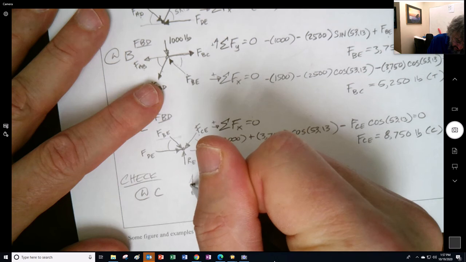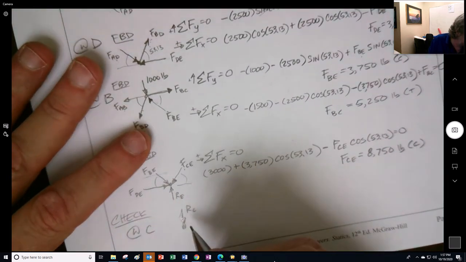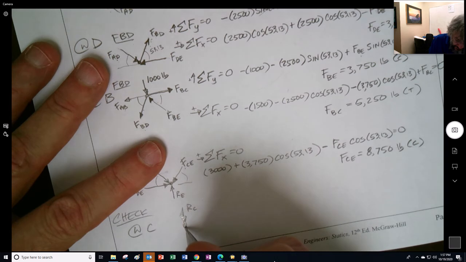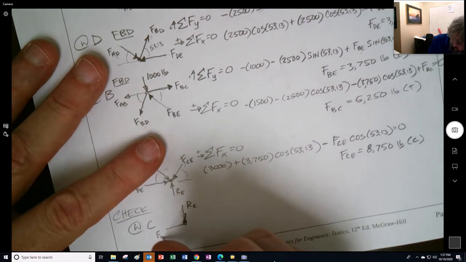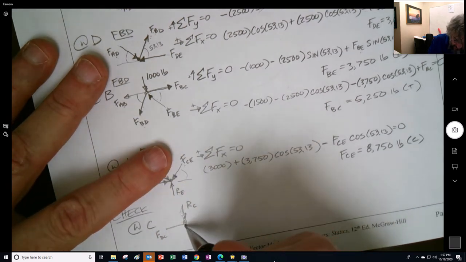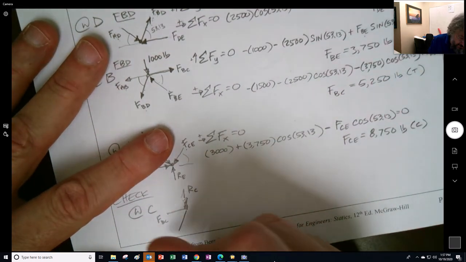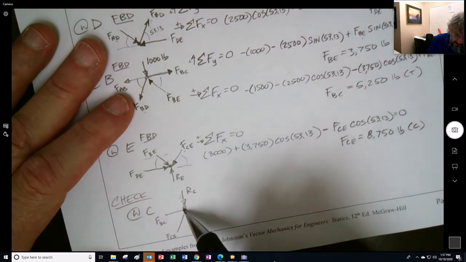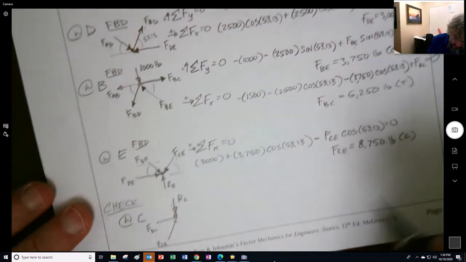Easy to make that mistake because it was drawn the other way up above. RC is down, and we're going to have a force coming out this way, and that's going to be FBC, and then we're going to have a force coming out this way right here, right? And that's going to be our FCE. That's the thing we just found, but this is another point that we could find it in, right?